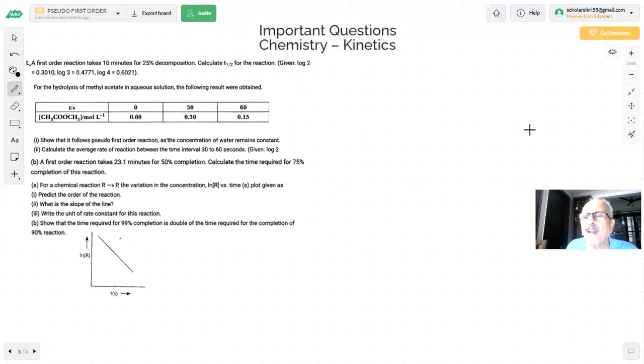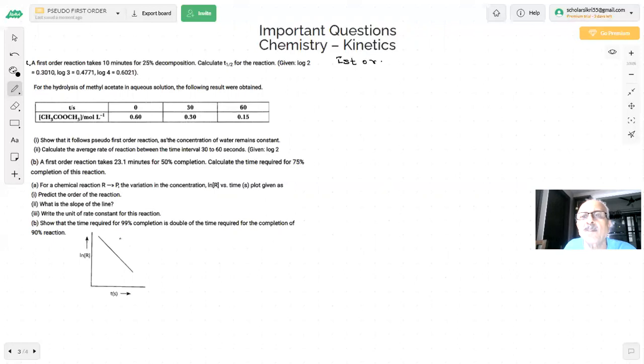Here you can see that they have given the log values in the paper. As I told you, in such questions the log values will be given to us and we can try to solve the questions based on them. In any such question in the exam, because we have to write all the steps, this is very important.